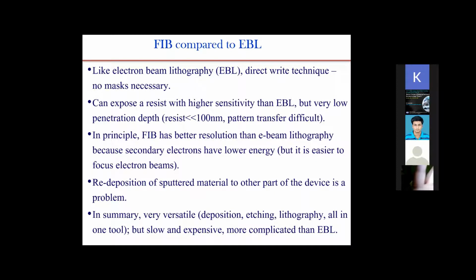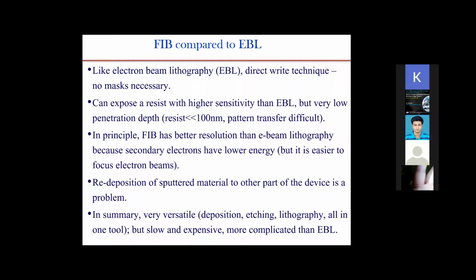Though its resolution is much better than e-beam lithography, because the secondary electrons that it creates have lower energy, so the diffusion is less compared to electron beam lithography. So the proximity effect will be low. But again, some problem is there, because it is digging out material. Let's say you have silicon and you are cutting or machining it with the ion beam.